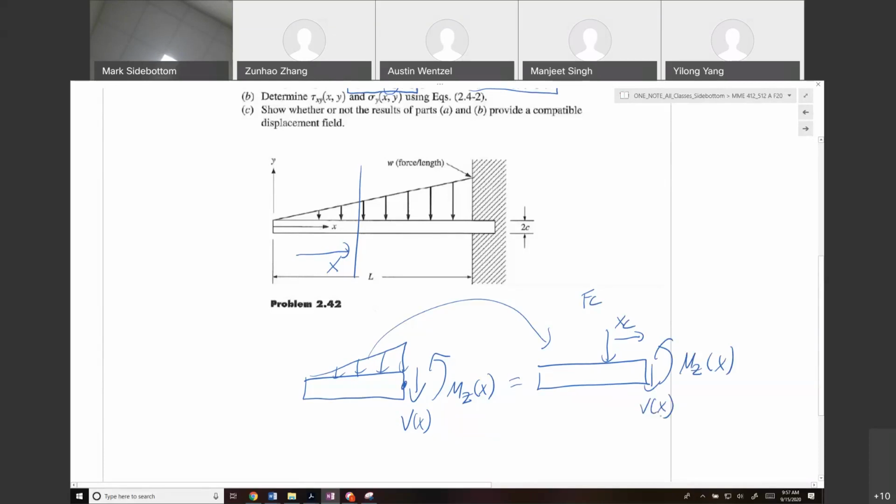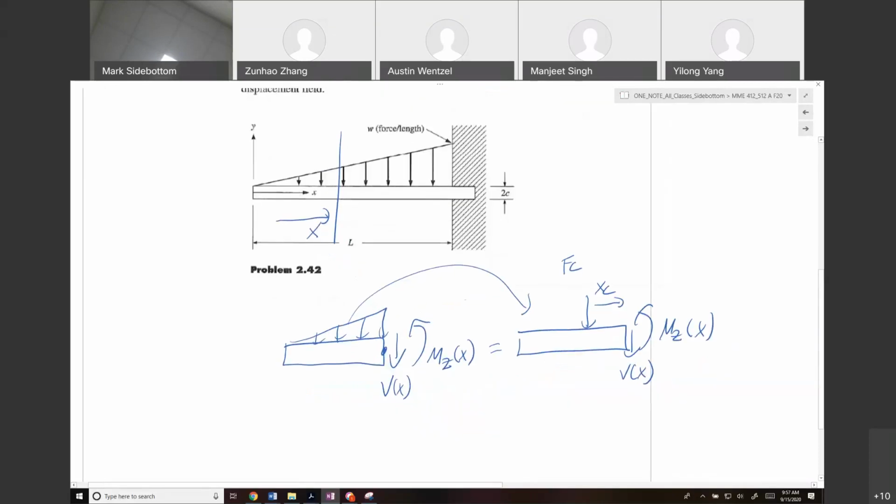So if we sum all of our moments about our section cut and set it equal to 0, we can then solve for what Mz of x is going to be.